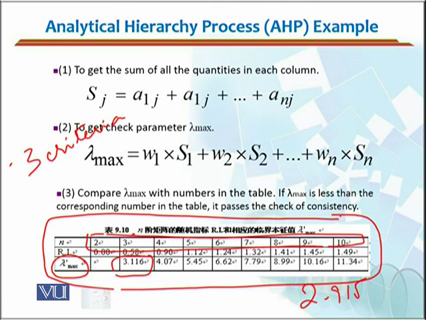Just remember, just calculating lambda max never means that you have consistent weights. In fact, you have to look into this table to see whether the value is lower than the one given for the corresponding number of criteria. For example, if you have 7 criteria in an example, then your lambda max value should be lower than this lambda dash max, which is 7.79.